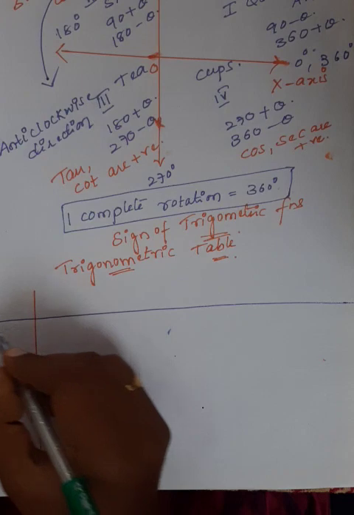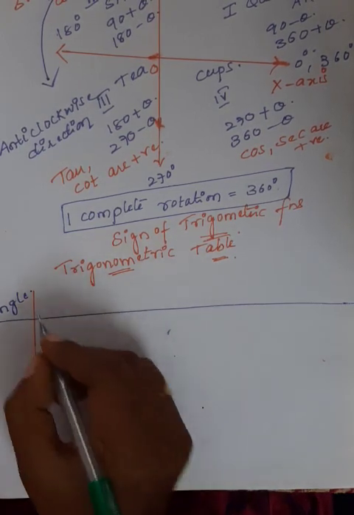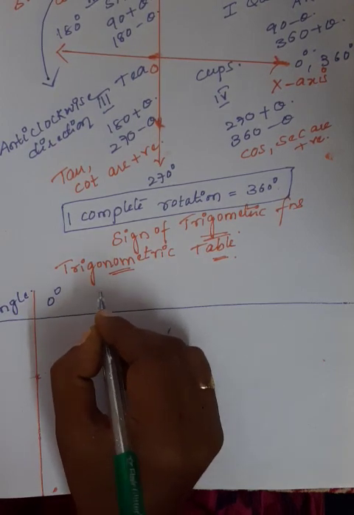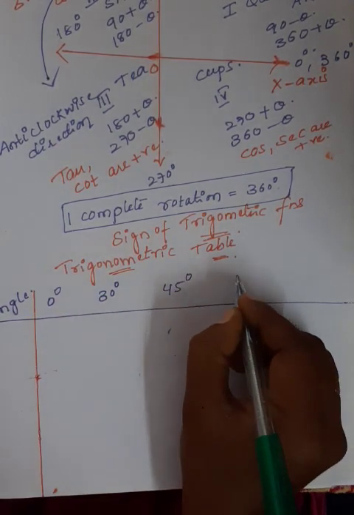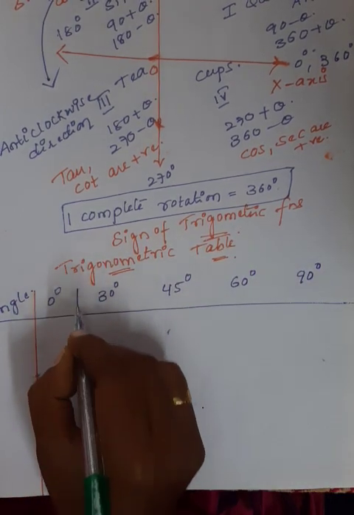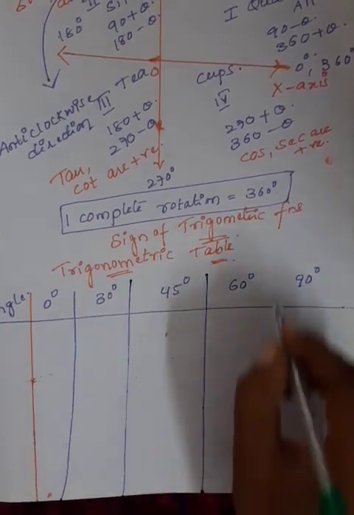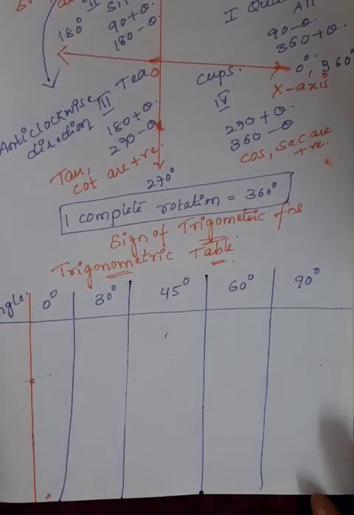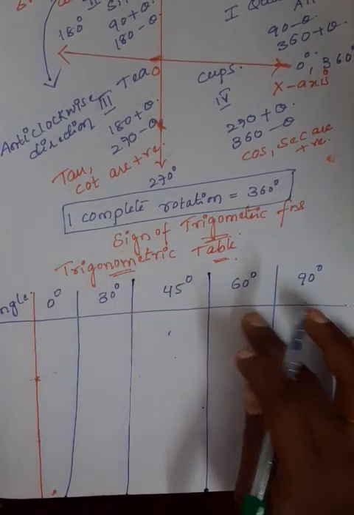So this is angle 0, 30, 45, 60, 90. So this is 0 degrees, 30 degrees, 45 degrees, 60 degrees, 90 degrees.